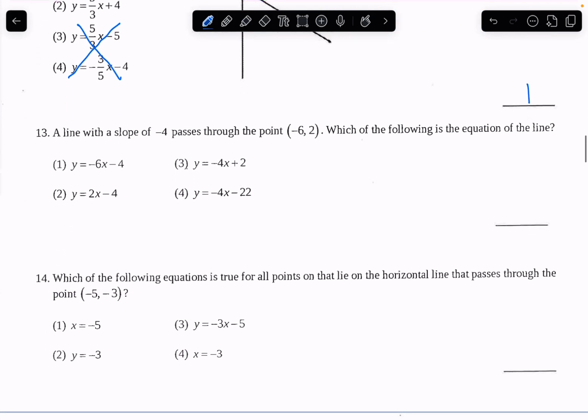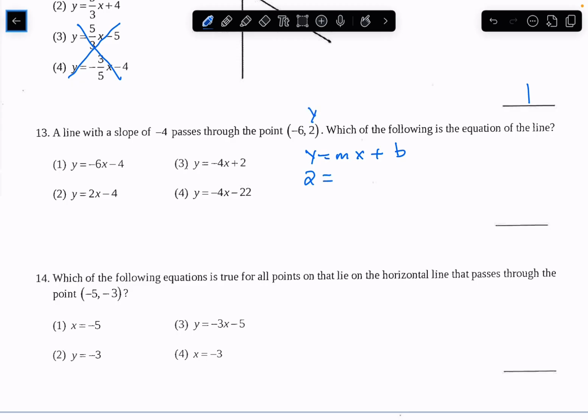Number 13. A line with a slope of -4 passes through the point (-6, 2). Which of the following is the equation of the line? So y equals mx plus b, we know everything but b. We know m is -4, we know x is -6, and we know y is 2. So let's plug those numbers in, right? This is y is 2.